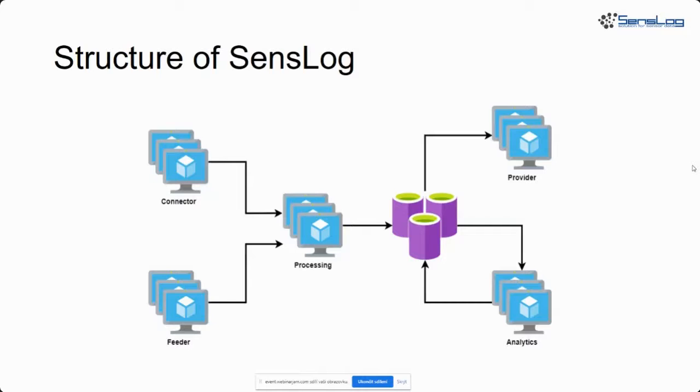On the right side, there is an analytics component that is responsible for statistical calculations, threshold observing, or long-term analysis. The main communication part for publishing data is the provider module.